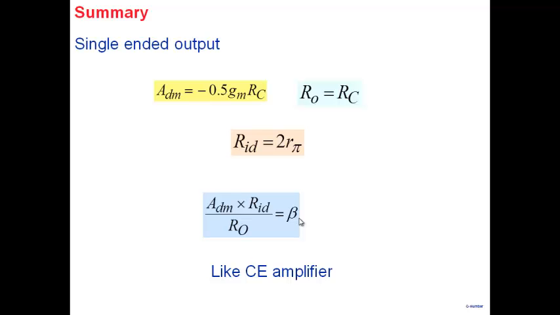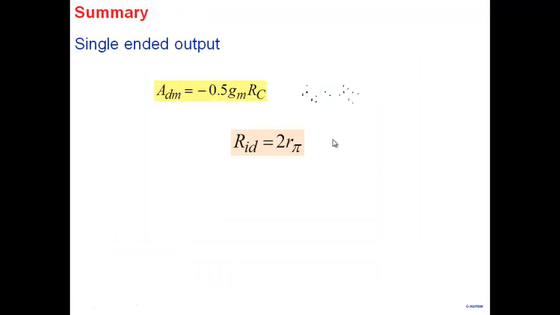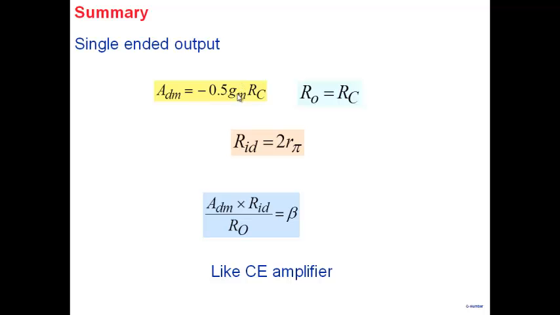Even though the differential pair is two transistors, when I look at it in the differential mode, it's nothing but a common emitter amplifier. Go back and see that this point becomes ground and each half is nothing but a common emitter amplifier. Note the expressions for the gain 0.5 GM RC, RC here, R pi here, except that because there are two halves and the signals are divided, you get a factor of 2 and a factor of half here.